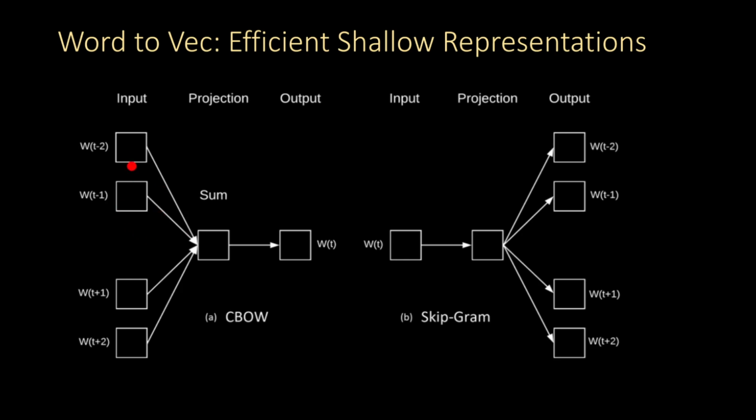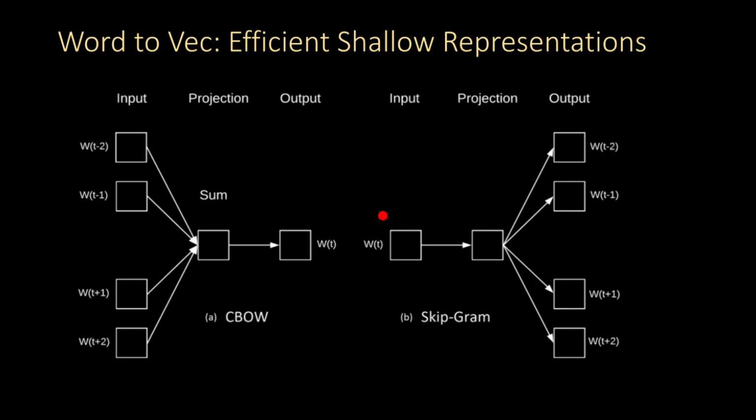That projects the surrounding words, the context words, within a window to a single projection unit, then outputting a representation for a word at time step t. This entire process is a log linear process. There are no nonlinearities.